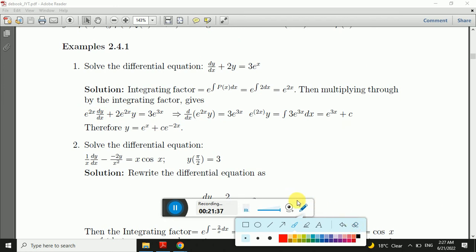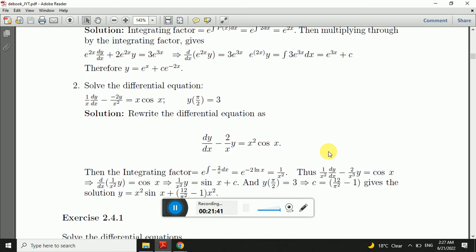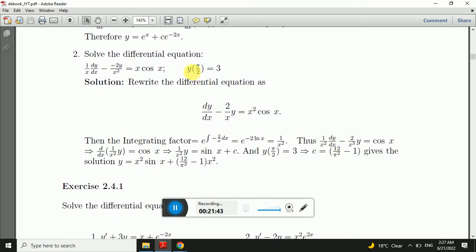Okay, so there is another example here. Though in this example they gave us the original condition. When you look at this example, 1 over x dy dx minus negative 2y over x squared equals x cos x.